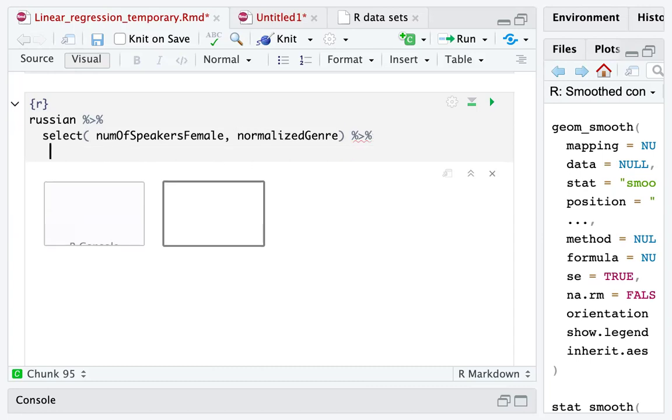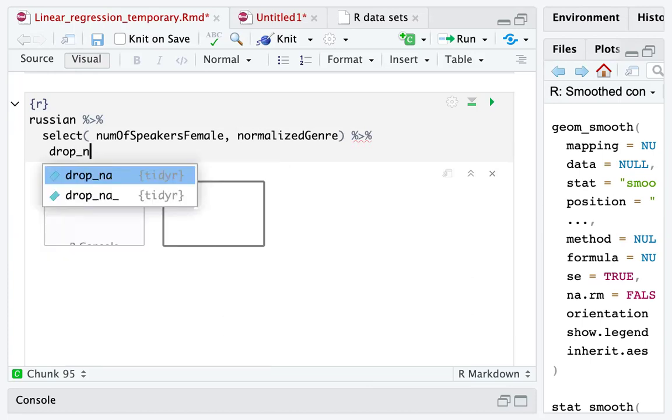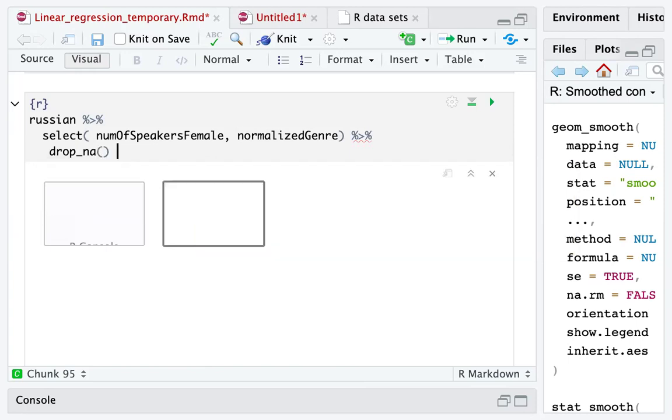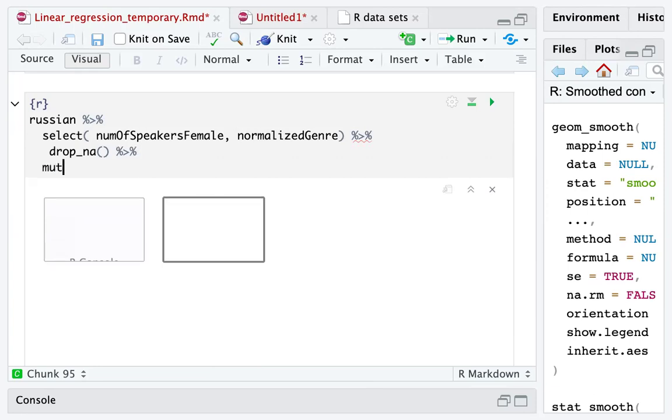Okay. We drop nota A. Then we transform the column of normalized gender into a column of 0 and 1.